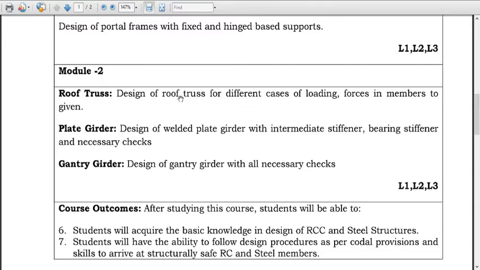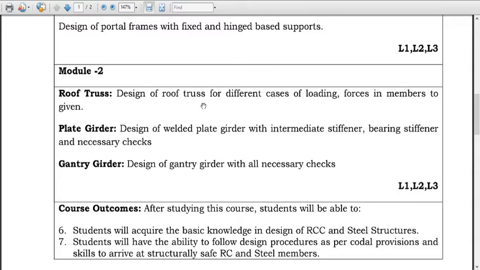Now the roof truss will have two components, that is compression members and tension members. In the previous semester, in the subject design of steel structure elements, we already solved numericals on design of compression members and tension members. In compression members we designed columns and struts, making use of IS 800 2007 for the design.